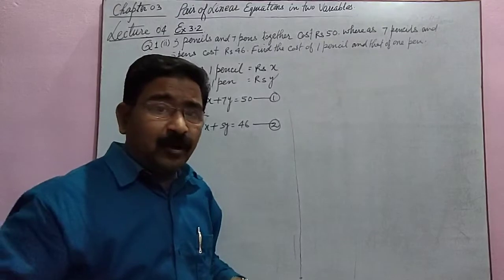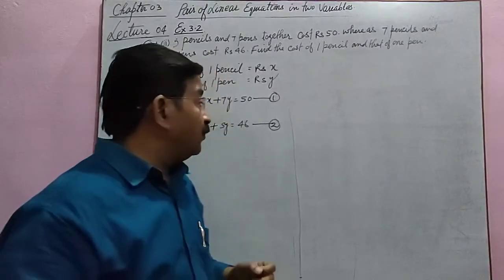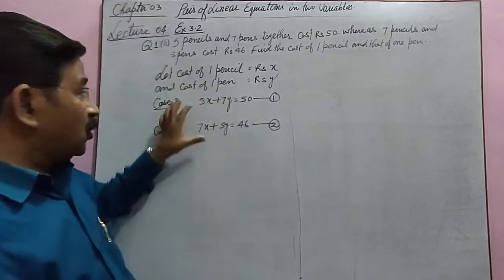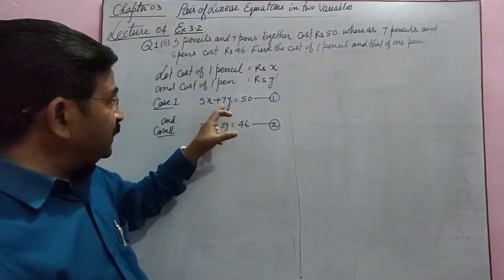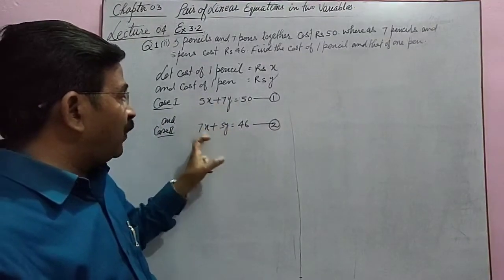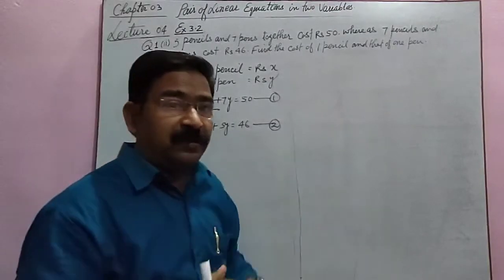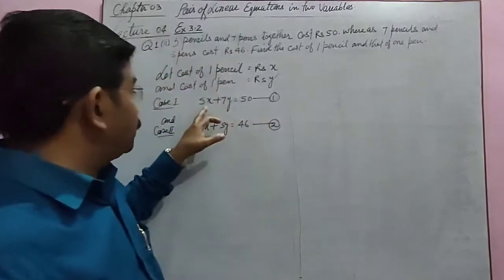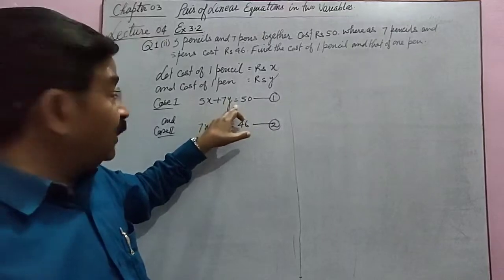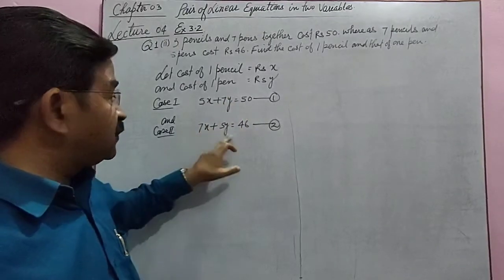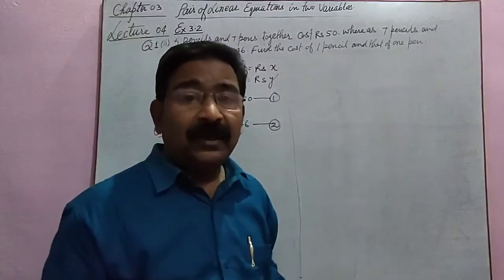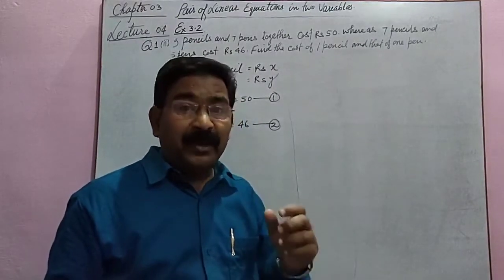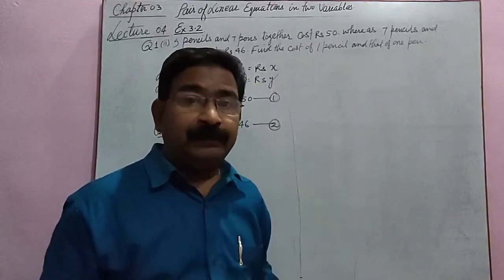Here I would like to add a very important point for you. Just observe the equation. We observe that coefficients of x and y are interchanged in two equations. In first equation it is 5x plus 7y, and second equation 7x plus 5y. If you get this kind of situation, then you can make your equations easier.